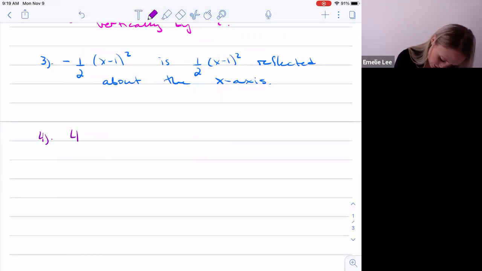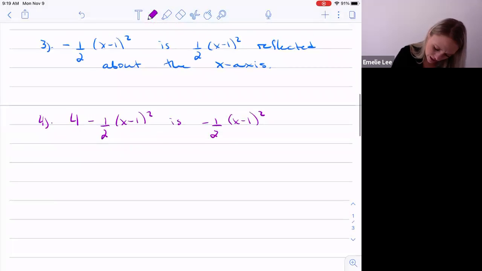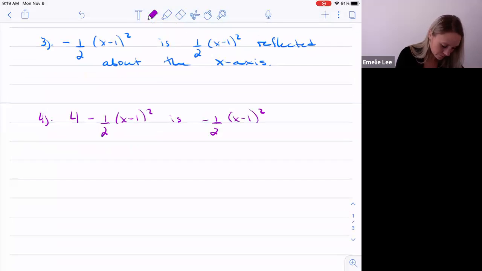So 4 minus 1/2 times x minus 1 squared is negative 1/2 x minus 1 squared shifted up 4 units.